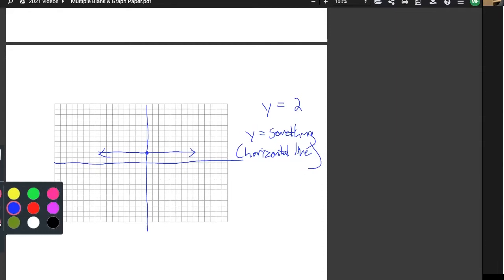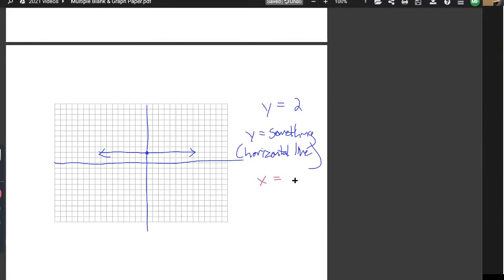All right? Now, when x equals something, same thing. Let's say x equals negative 3. What line can I draw where x equals negative 3 everywhere on that line? That means negative 3, something. It could be anything, right?